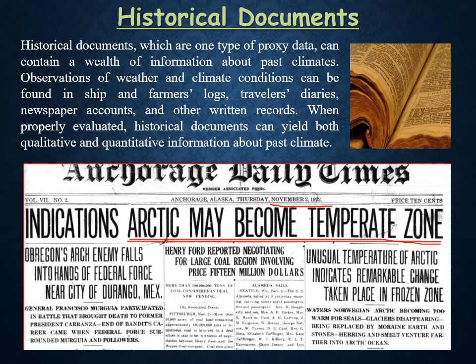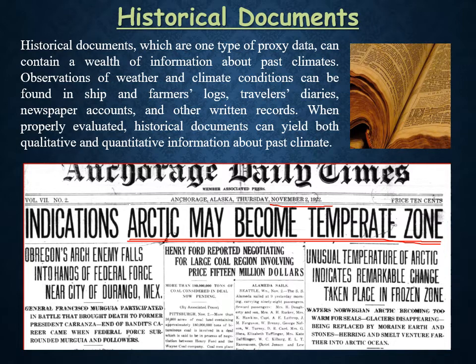So these kinds of data published in any newspaper, in any scientific journal, in any book, or someone records some climatic condition in their personal notebook, in their bibliography. So these kinds of records help us to know about the recent past climatic conditions of any region.